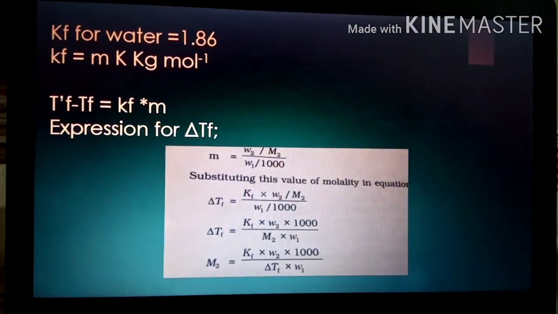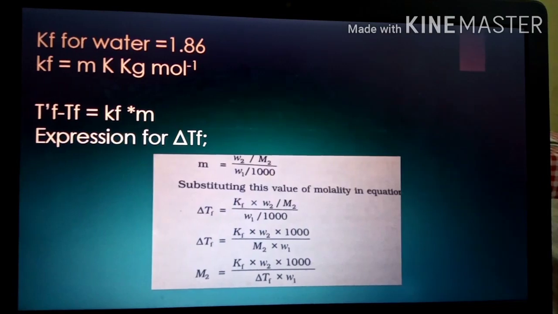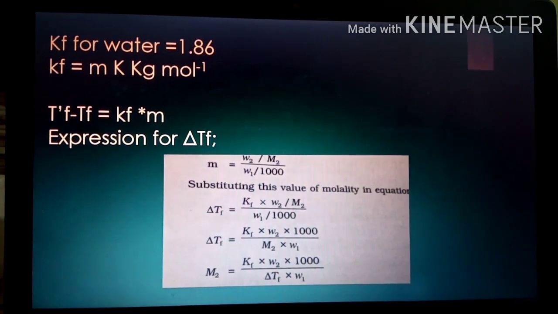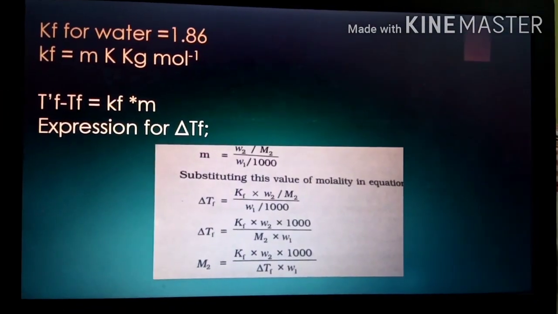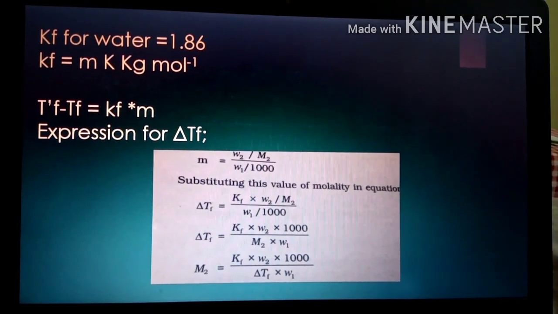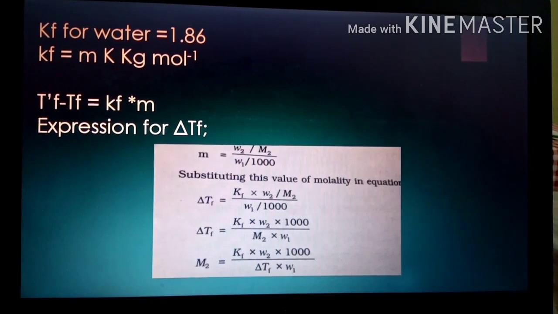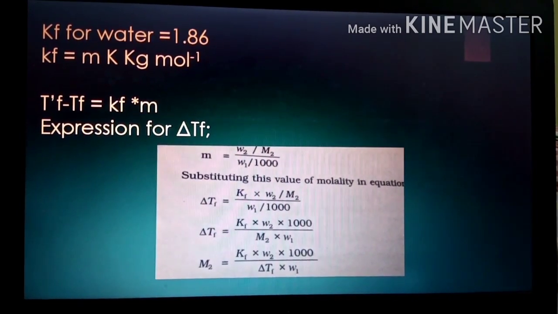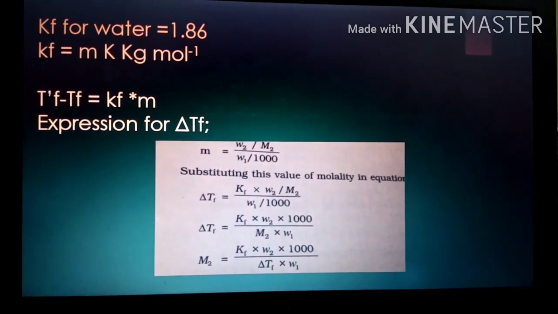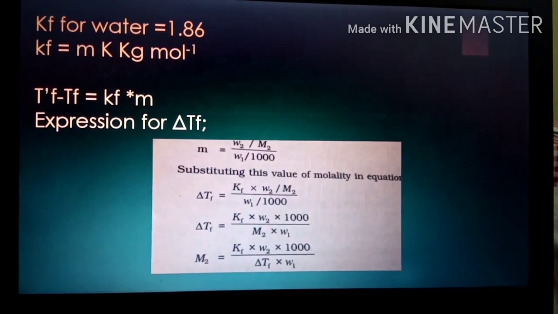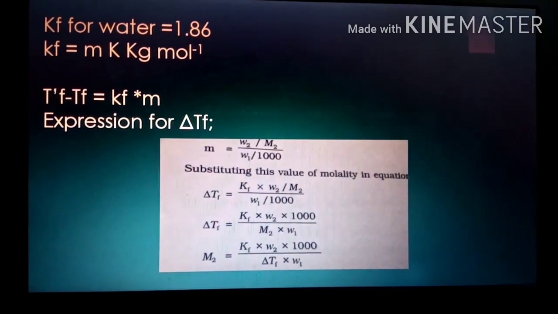Similarly, there are also values for Kf. Kf, the molar depression constant or cryoscopic constant for water, is 1.86, and its unit is Kelvin kg mole inverse. T°f minus Tf equals Kf into m, which we have discussed previously.